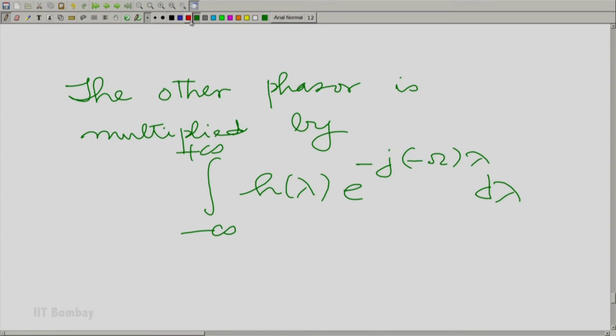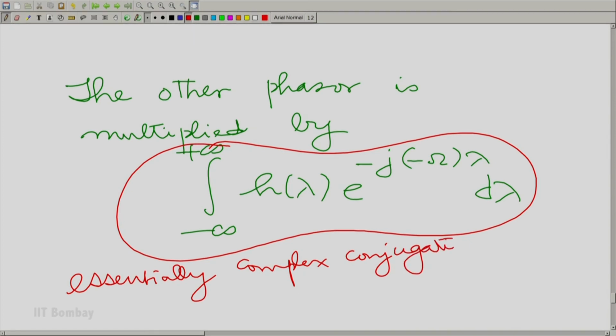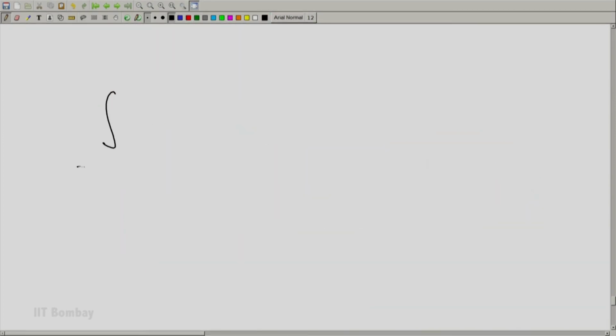And you notice that this is essentially the complex conjugate of the previous constant. It is a complex conjugate because h is real.